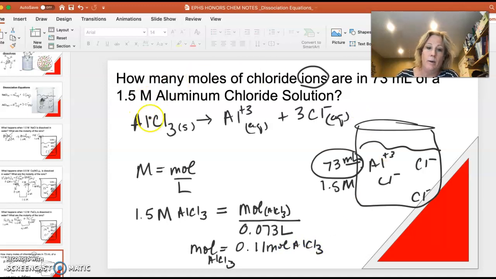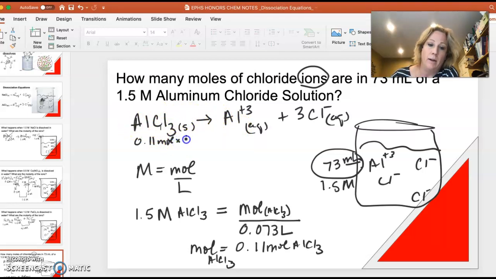Now I'm ready to go up to the equation and do my reasoning with the coefficients in the ratio of the moles. So if this is 0.11 moles, it's no different than if that were the molarity now. When that breaks up, I have a 1-to-1 mole ratio.